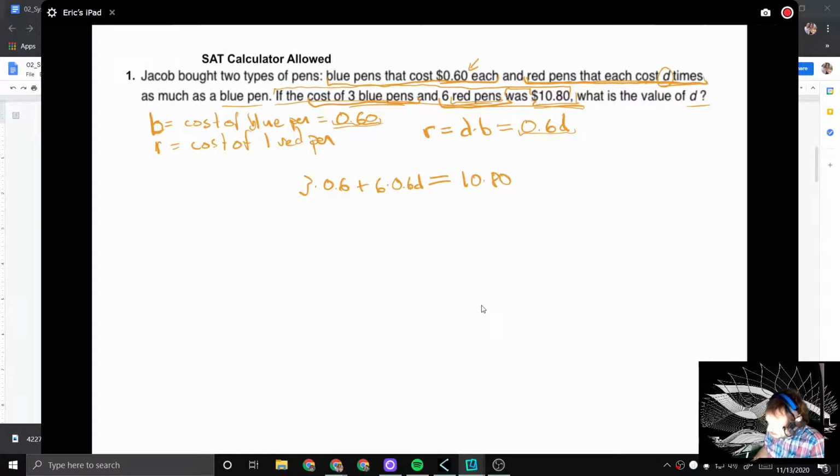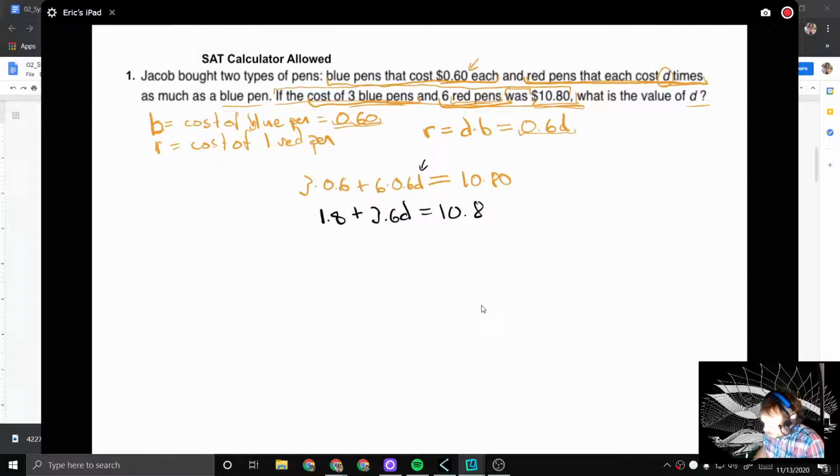I notice that the only variable left in the equation is D, and I can solve this to find my value. 1.8 plus 6 times 0.6, 6 times 6 tenths is 36 tenths, or 3.6D equals 10.8.